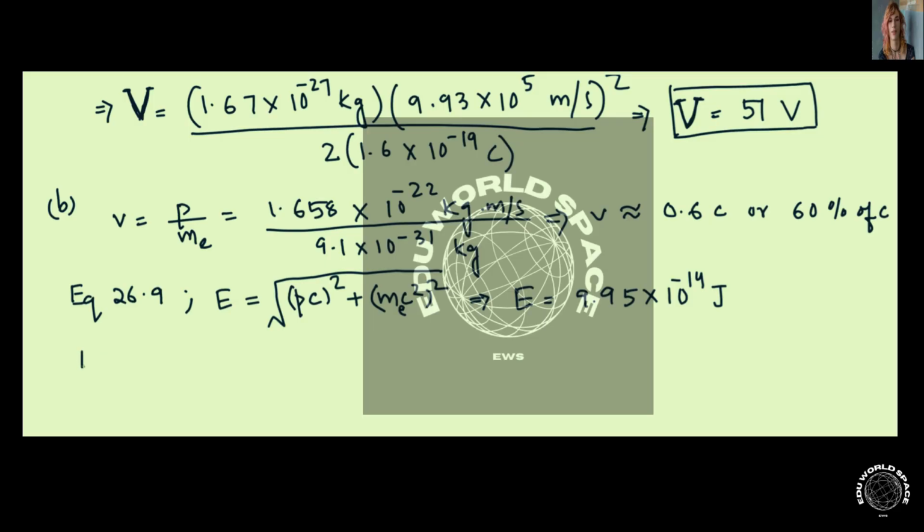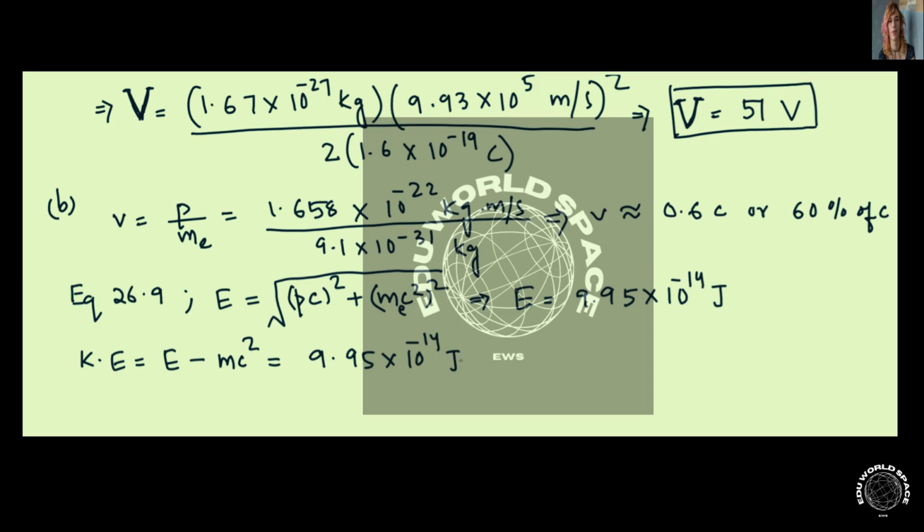Now we can find the kinetic energy by subtracting the rest mass energy, which is mc square, from the total energy. So let's just calculate this one at least.